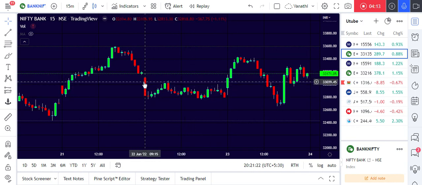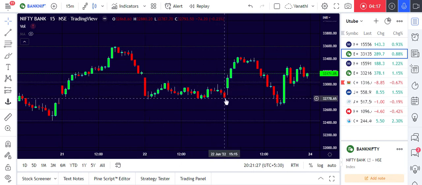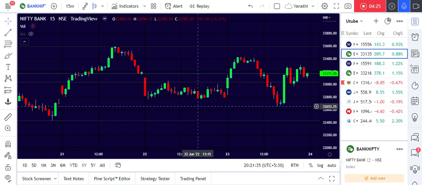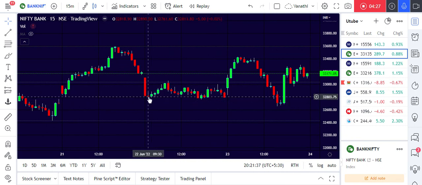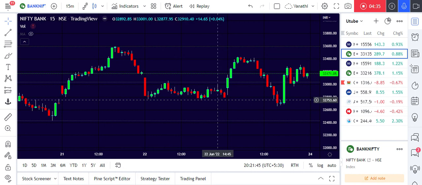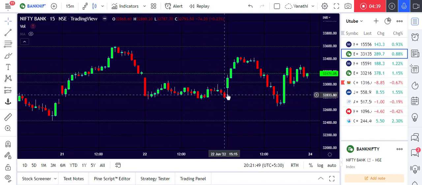So today I expected some breakout around this zone. If you remember, I was always giving stress on the level 32,800. 32,800 price will support. Here also, see, 32,800 was unable to break. Buyers were always coming around this level and trying to push the price upside.